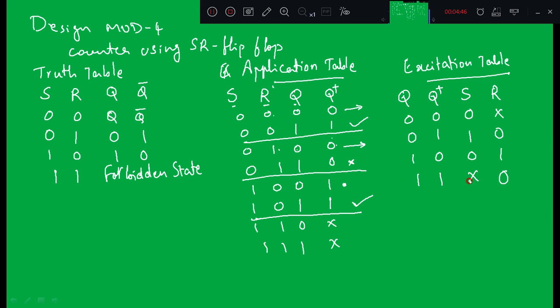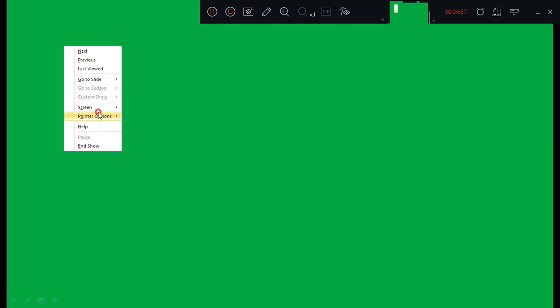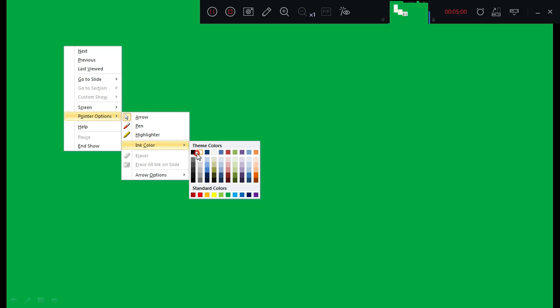So with this excitation table, we are going to write the last table, which we call as the transition table, right?